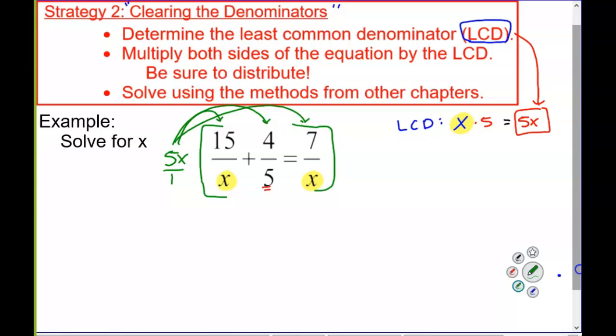So that 5x is going into the numerator. Right? So when I distribute, each one of these pieces is going to be multiplied by 5x. So I'll times by 5x up top for each one.